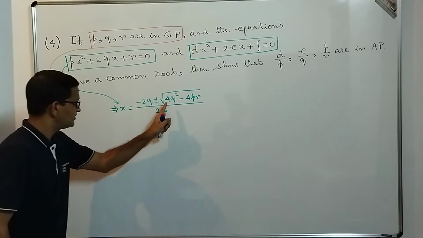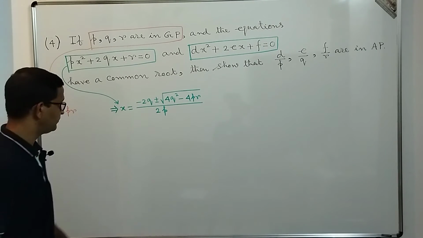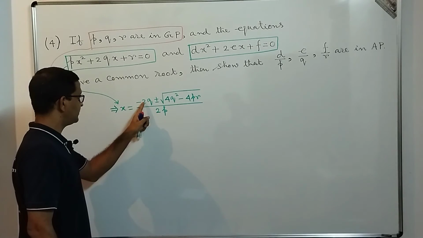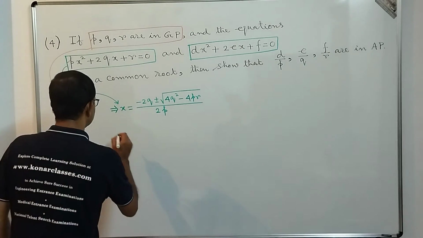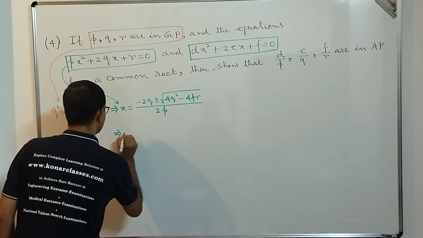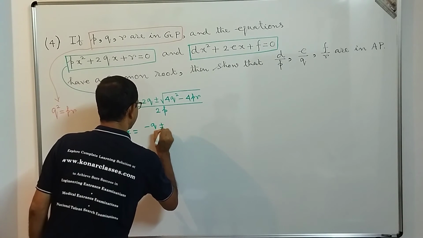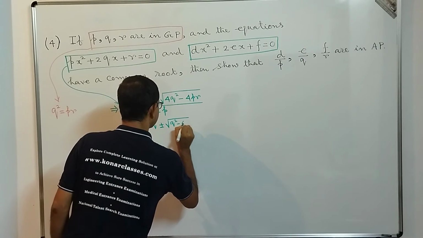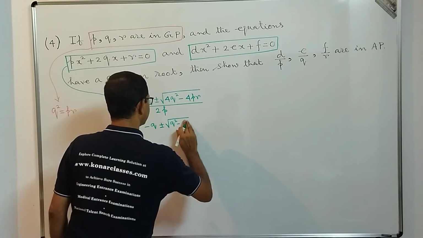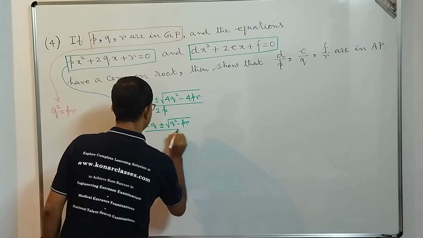Now dear students, this 4, if we bring it outside of the square root, it will become 2. We can take 2 common, and the 2 in the numerator and the 2 in the denominator will get cancelled. So from here what do we get, dear students? We get x is equal to minus q plus minus square root of q square minus p into r, divided by p.